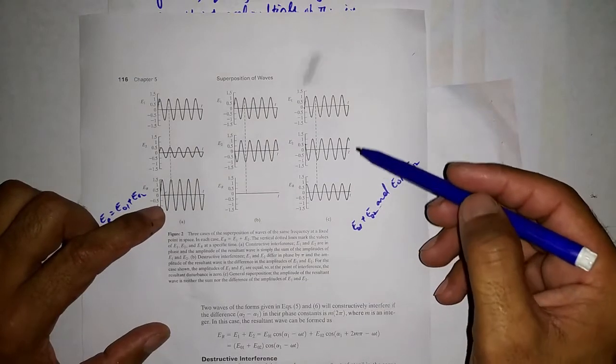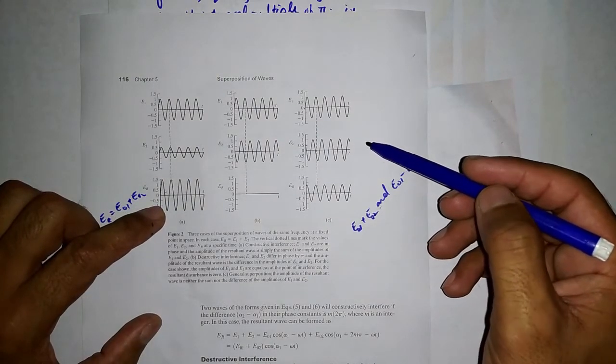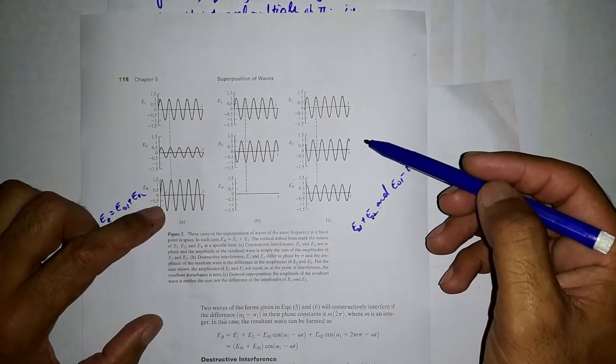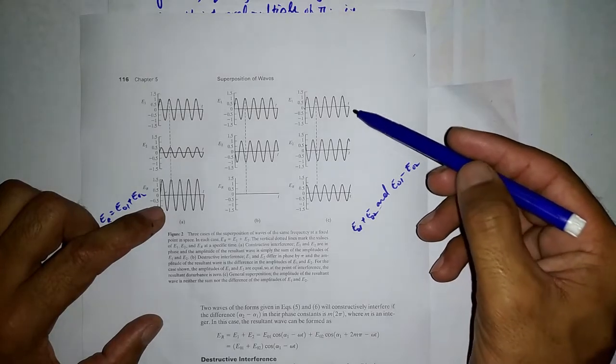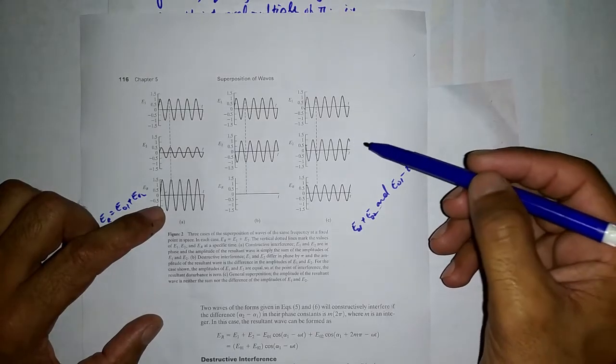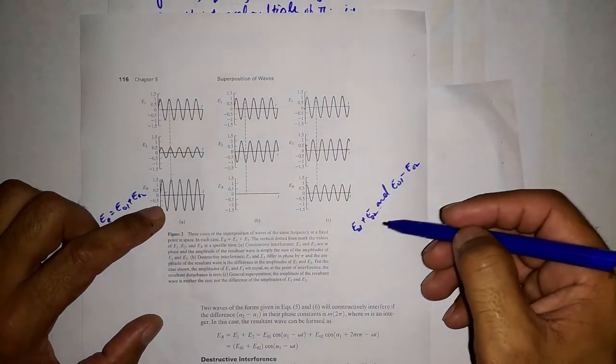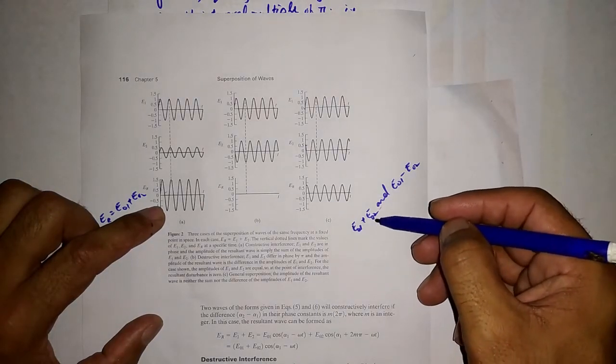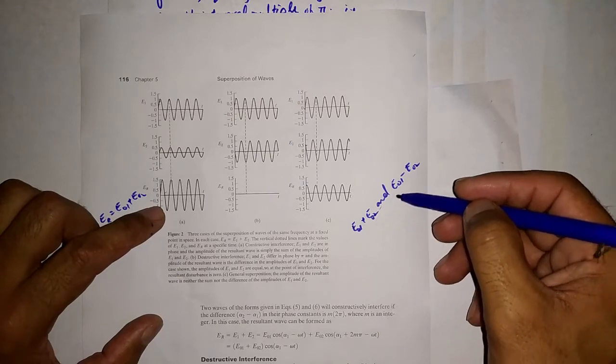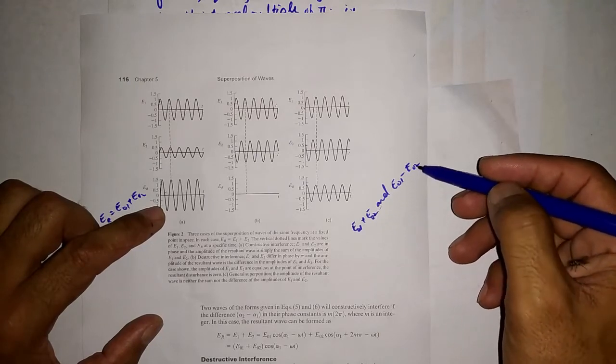If two waves of the same frequency and same amplitude are neither in step nor out of step, and they superpose each other, then the amplitude of the resultant wave will be between E naught 1 plus E naught 2 and E naught 1 minus E naught 2.